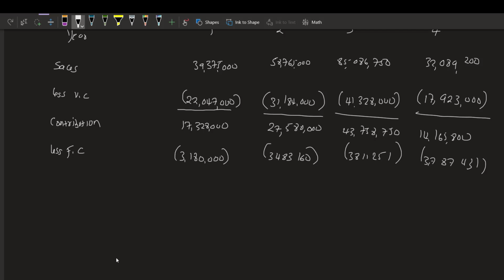Let's go ahead and get the cash flows before tax. So we less the two: 17,328,000 minus 3,180,000. This is giving us 14,148,000.